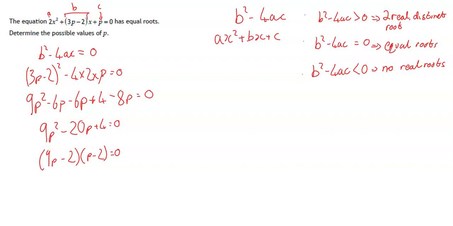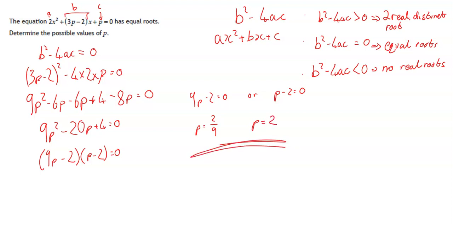So from that, I get two solutions. I get 9p minus 2 equals 0, or I get p minus 2 equals 0. If I take the first one on the left and solve it, the 9p minus 2 equals 0, I'll end up getting that p is equal to 2 over 9. If I solve the other one, I'll end up getting p is equal to 2.